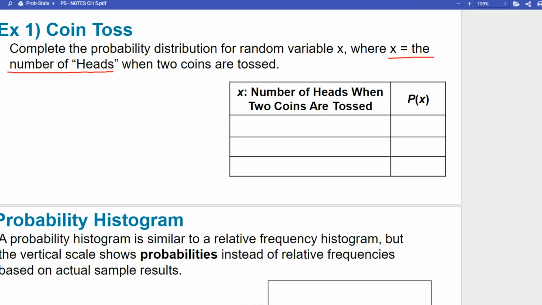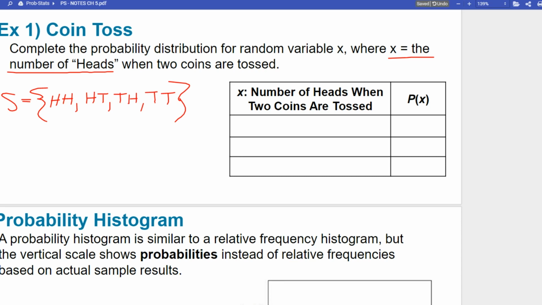So we're flipping 2 coins. A lot of the times it's a good idea to look at the sample space. Sample space is what could possibly happen. Well, we could flip 2 coins and get heads and heads, heads and tails, tails and heads, or tails and tails. This problem is simple enough that we can look at the sample space.